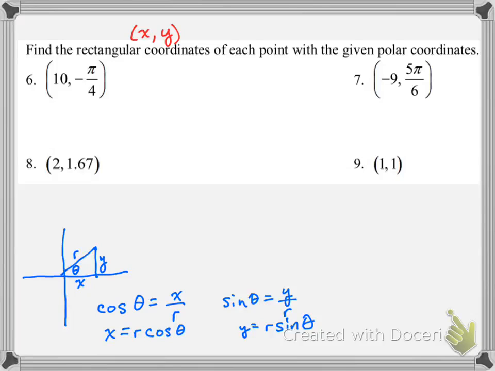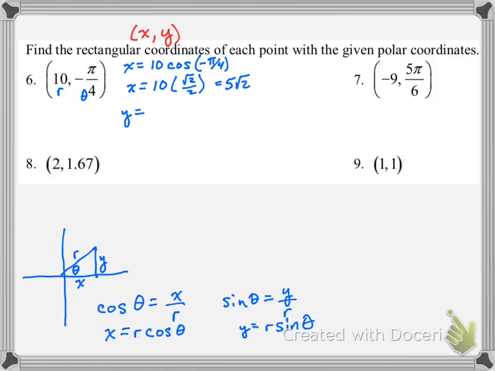For being able to come up with rectangular coordinates, these are the polar coordinates, meaning this is your r value and this is your theta. So that means that x would equal r times the cosine of theta, -pi/4. Well, the cosine of -pi/4 is √2/2. And multiplying that by 10 gives us 5√2.